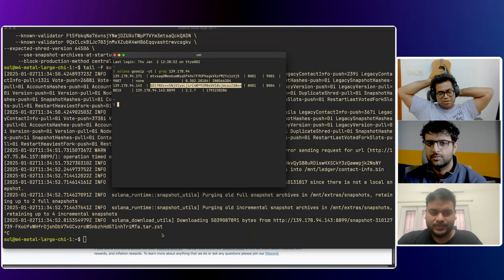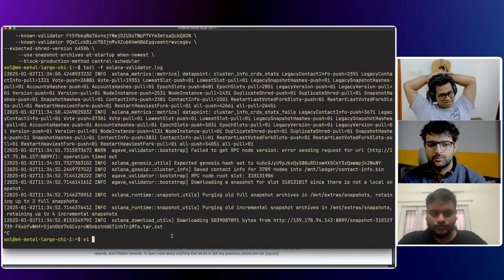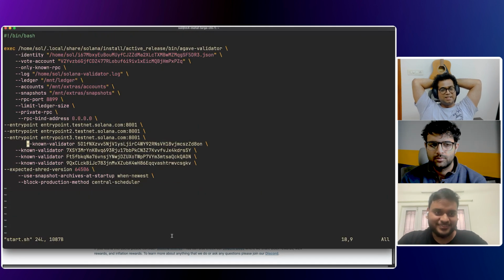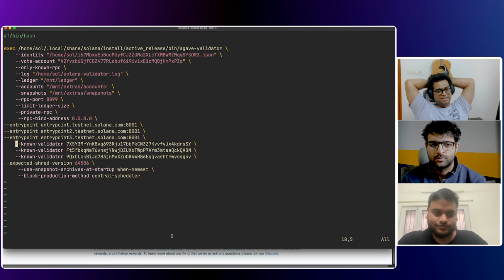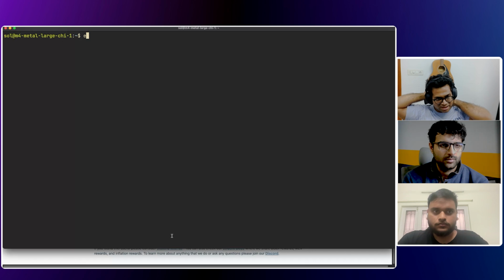That's why I'm starting from the old one. Do you want to remove that from the known validators? Yeah. But then I might not get any validators, so that will be a problem. This guy, it's this thing, right? Yeah, you won't have any snapshot.